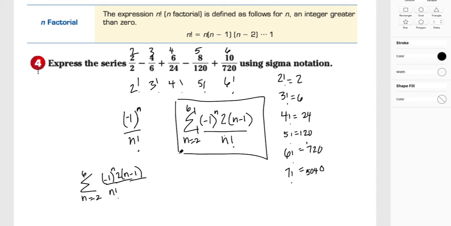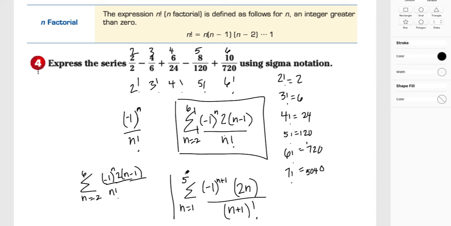Another answer that they had in our text, I'll write it down if you don't feel like grabbing your textbook, is that they did the summation from n equals 1, which is totally legit, to 5, and they had -1 to the n plus 1 power times 2n, all of that over n plus 1 factorial. And this too is a correct answer.